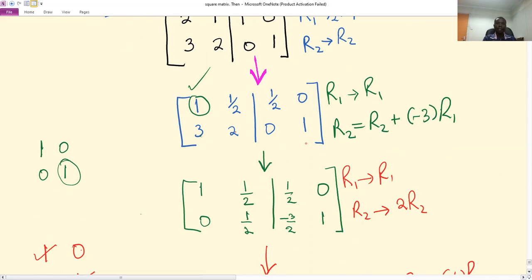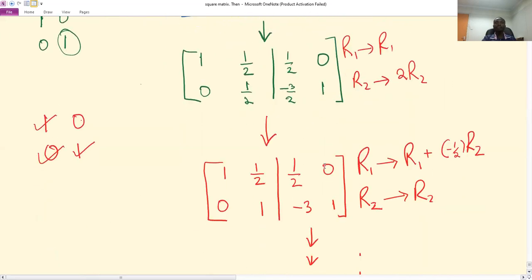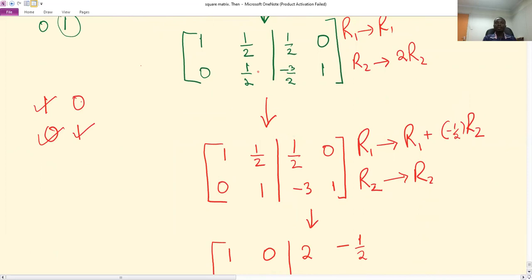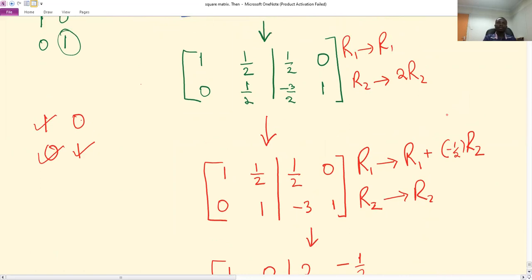And then 0, this should be 0, and minus 3 over 2, that's fine. And then 1, that's okay. And here we have row 1, negative a half times row 2. Okay, now this one, this is row 1.